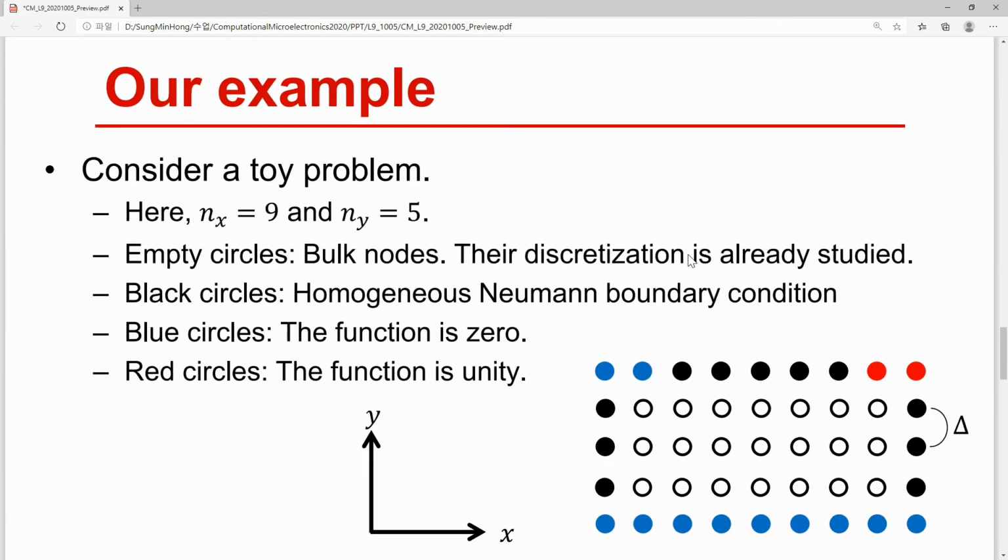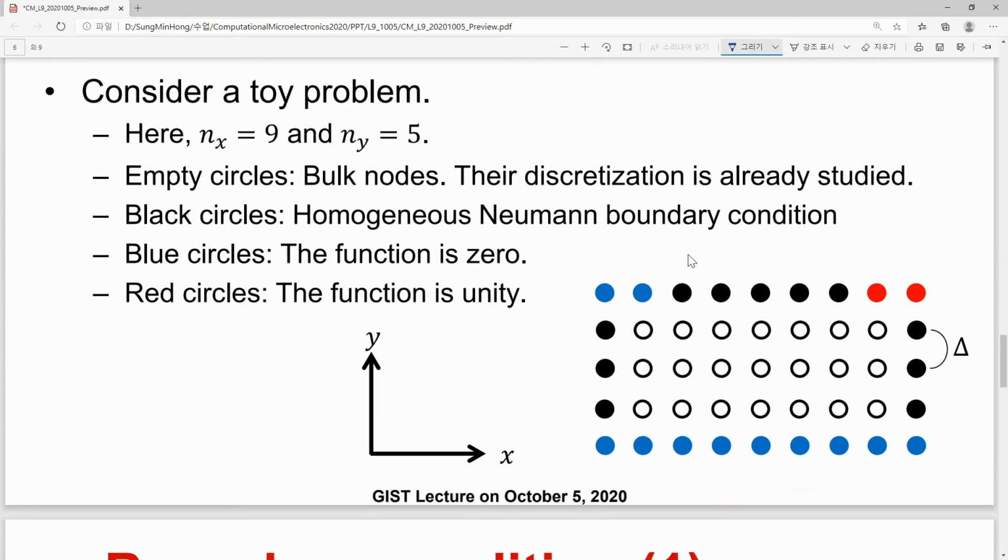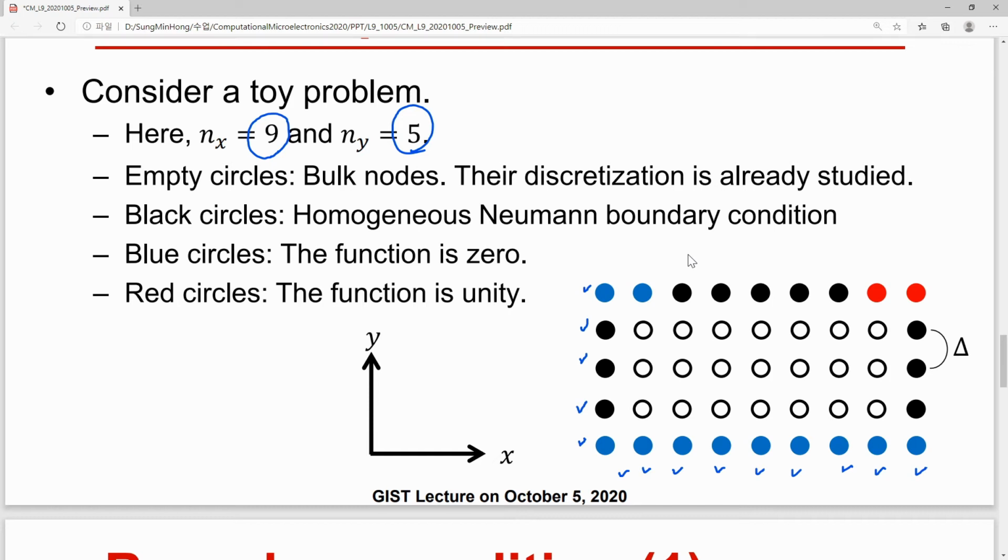In this lecture 9, we consider a very simple toy problem. As shown here, we have 1, 2, 3, 4, 5, 6, 7, 8, 9, so 9 points along the x direction, and 1, 2, 3, 4, 5, only 5 points along the y direction.